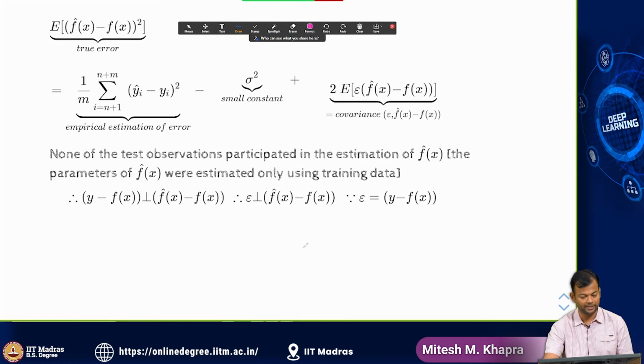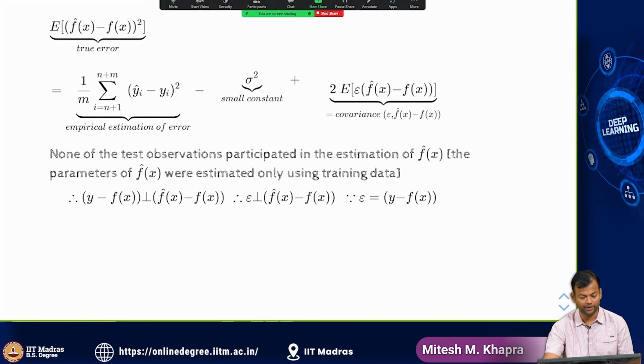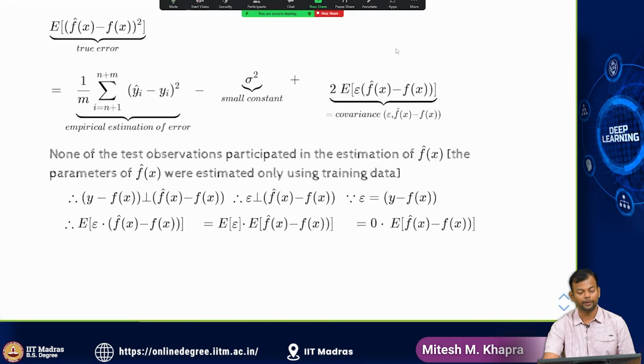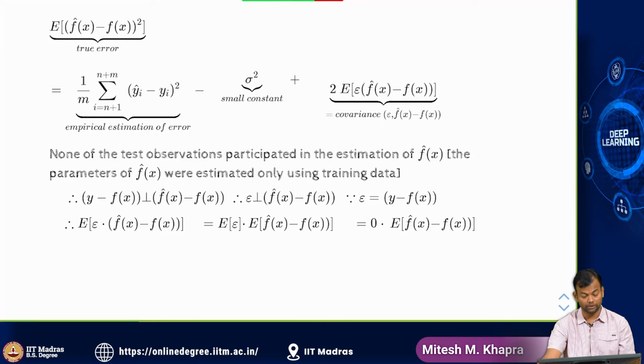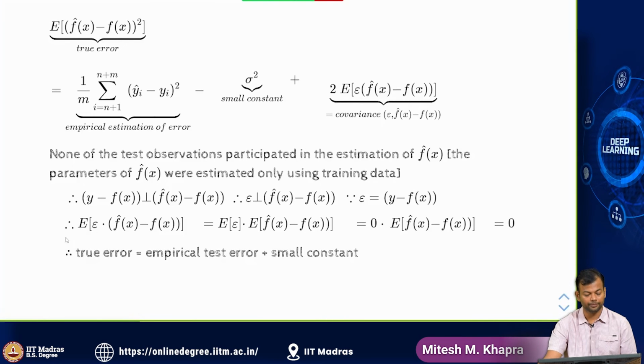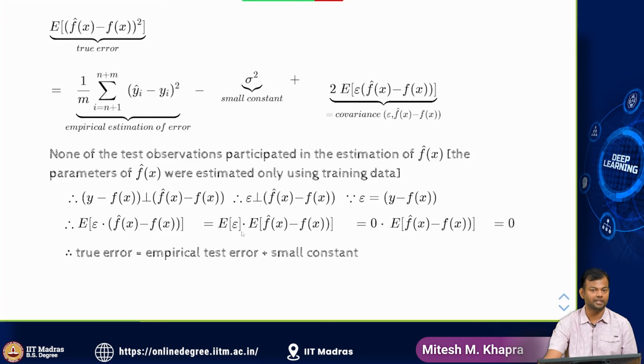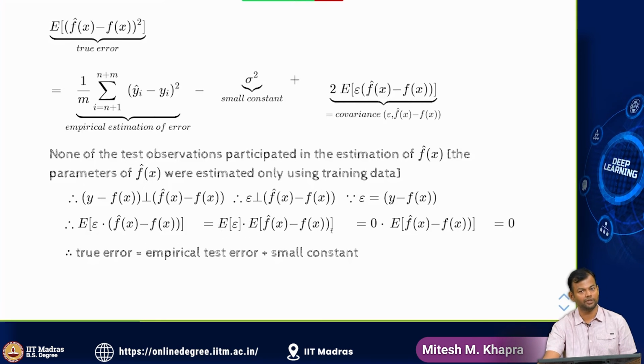So that is why you can say that in this case, when you are trying to estimate these expectations from the test data, the covariance term is actually going to be 0. Sorry, I should have said it a bit differently. The expectation of epsilon times this random variable can just be written as the product of the two expectations.